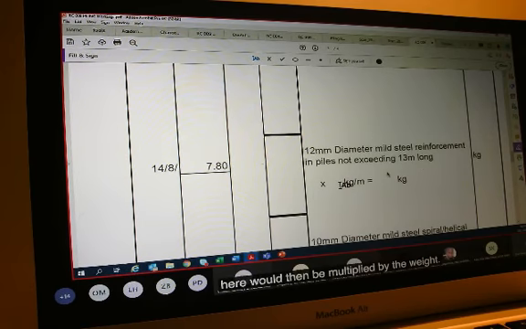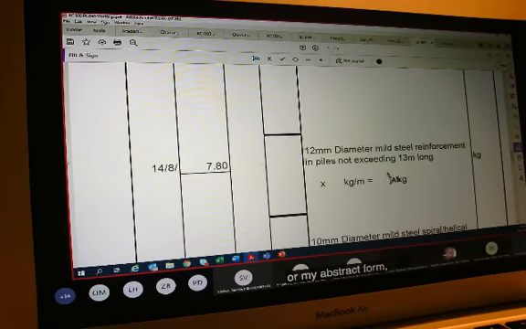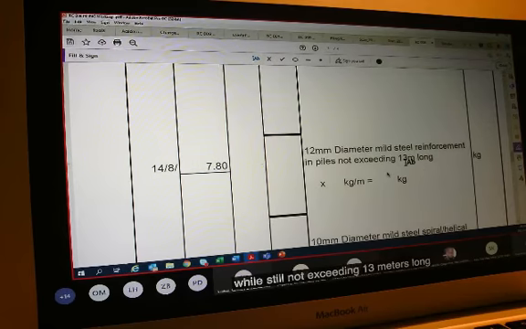So I will say 12 millimeter diameter mild steel reinforcement in piles not exceeding 13 meters long, because I was told that it is 7.8 meters. The drawing tells me that, and because it is measured in tons, I will write down my length, which is 8 in each pile, and I have 14 piles.